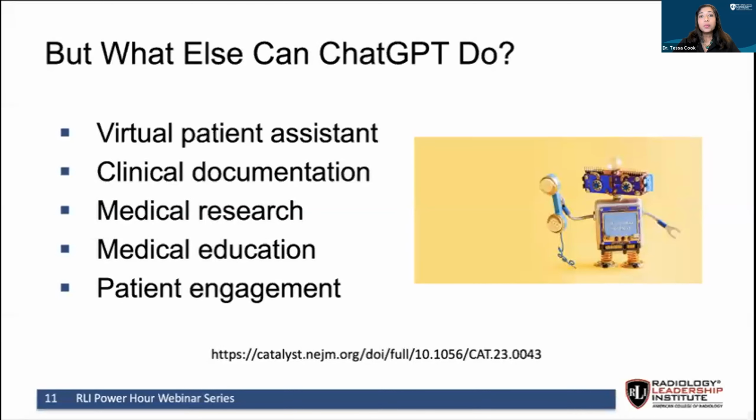And can we use it to improve patient engagement? One of our major EMR vendors is piloting this by auto-generating responses to inbox messages sent to clinicians in the patient portal. But could it also help us as radiologists to better engage with our patients, to help them understand what's in their radiology reports that are written with a lot of jargon and a lot of medical terminology?